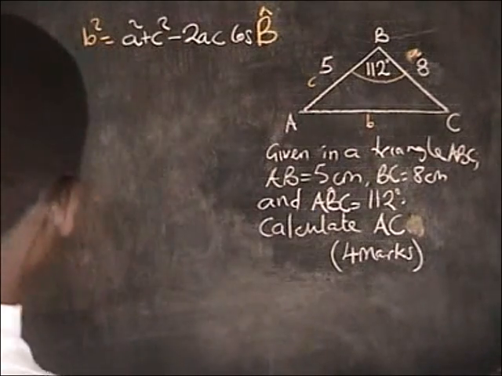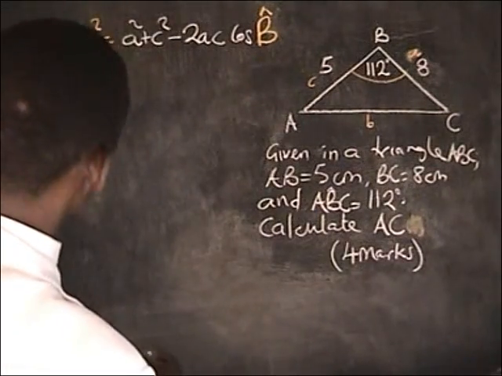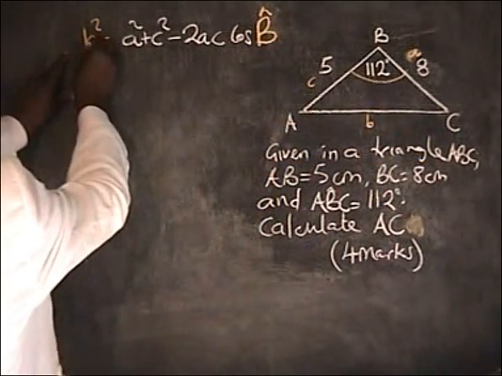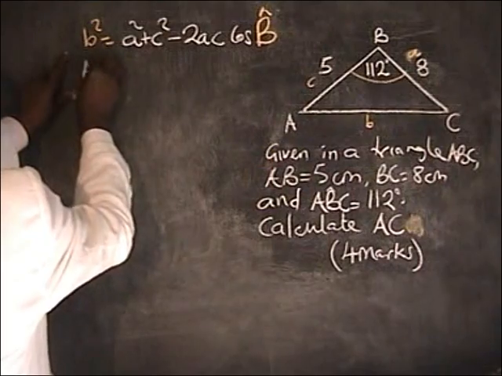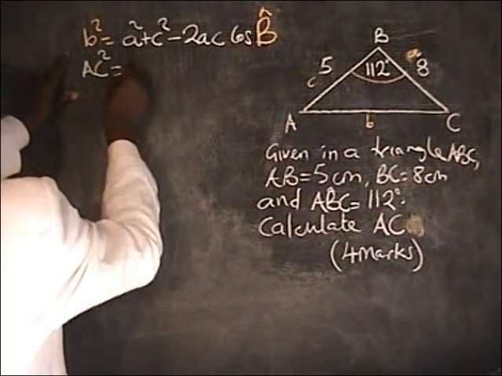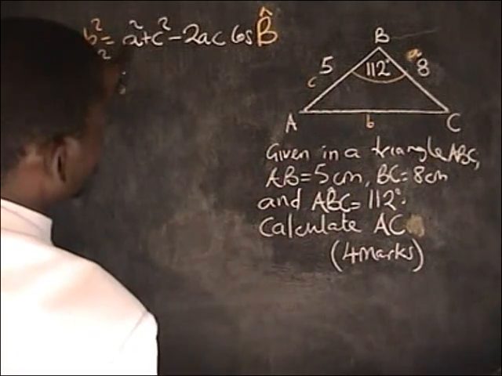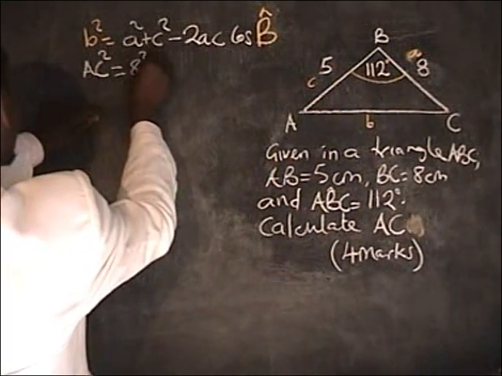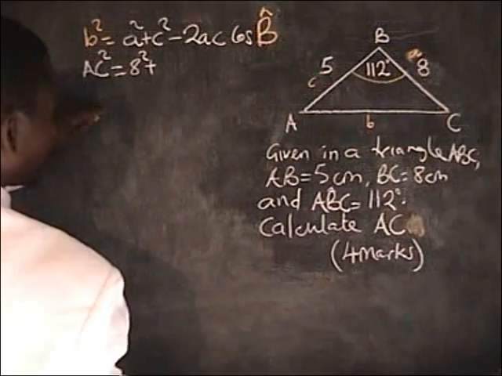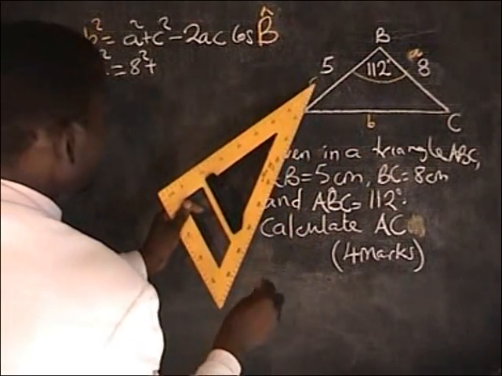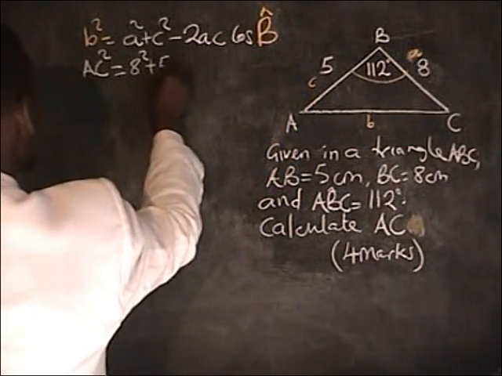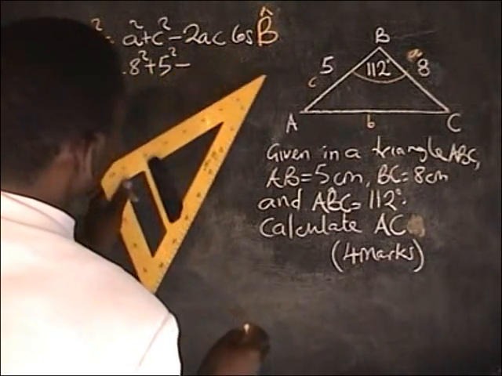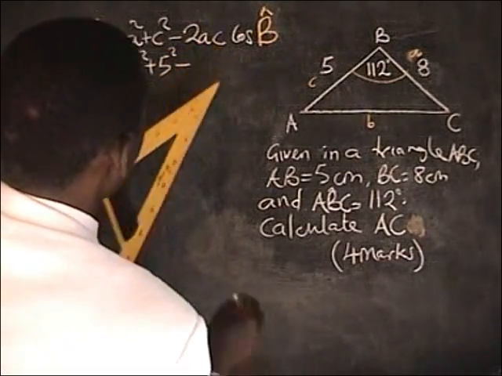So without wasting much of your time, all you need to do is to start substituting. What is this small b? Small b is AC. So you write AC squared equals small letter a. What is small letter a from the diagram? This is 8. So this is 8 squared plus small letter c, which is 5 squared, minus 2ac, which means 2 multiplied by a multiplied by c.